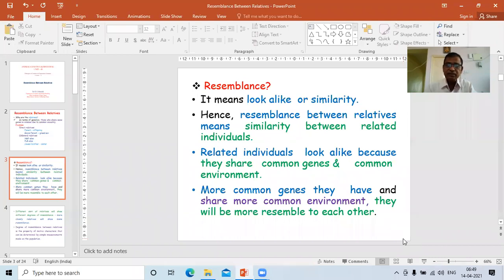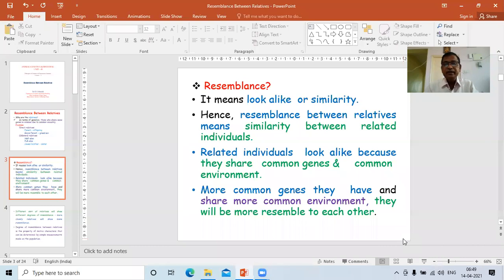As I have said, the son or the daughter are much more closely related with their father or with their mother, and full sibs are also closely related. And half sibs have quite a wider relationship in place of full sibs.